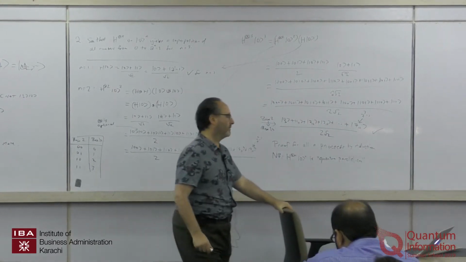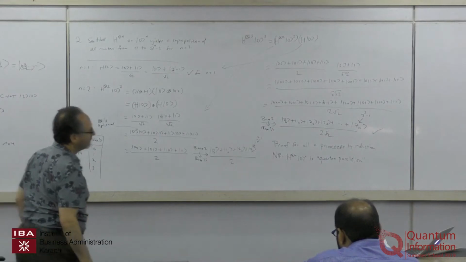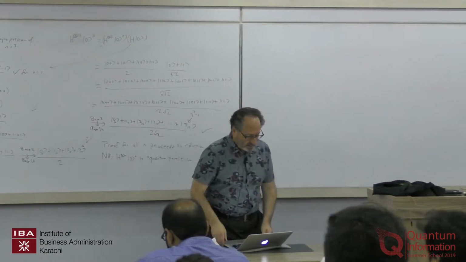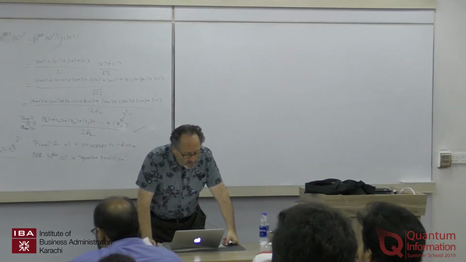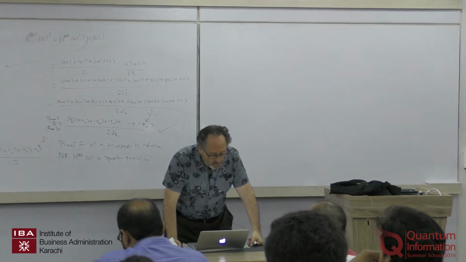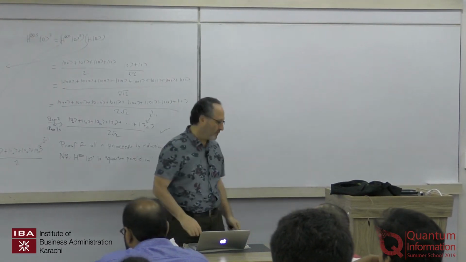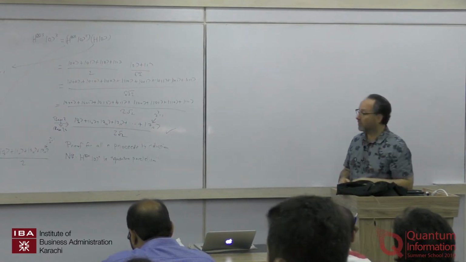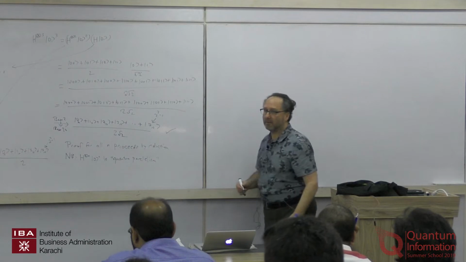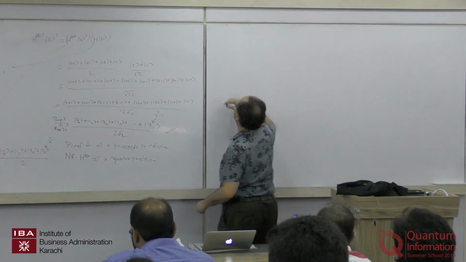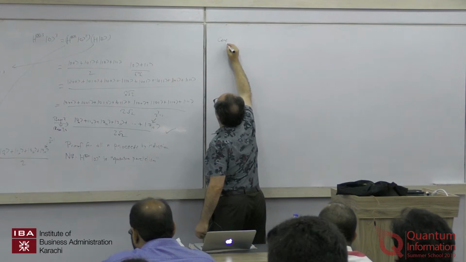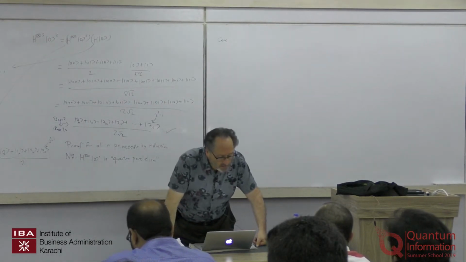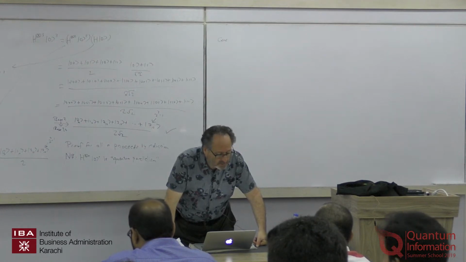Next problem? Okay, so the next one, just want to go through the exponentiation. So let's figure out how to make a qubit gate. That was number 2, yeah, I'm missing 3. Oh, no, I see.